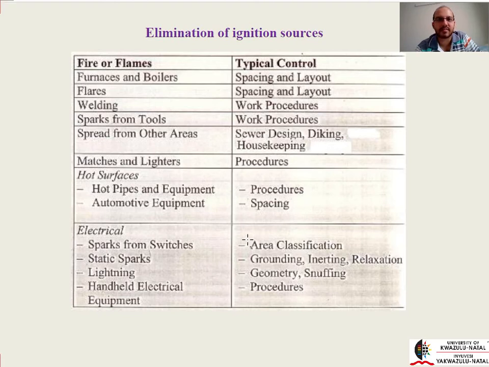So you can classify an area as high grounding, high electricity sources, or high energy usage areas, and you develop procedures accordingly. Okay, then you have grounding, inerting procedures, insulation, making use of the geometry, okay, as well as procedures.